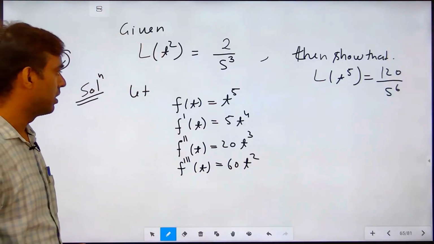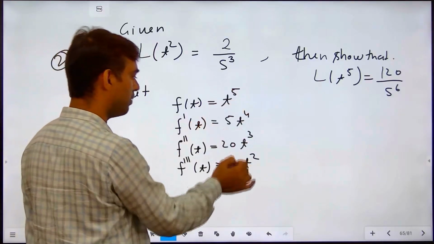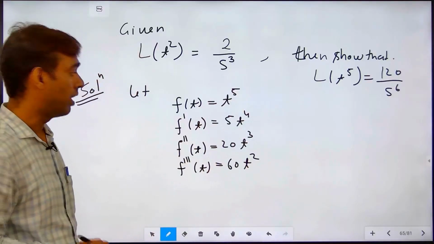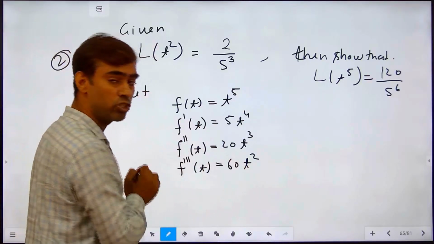Now, we have t to power 5 and we have t square, and we have the Laplace transform of t square.